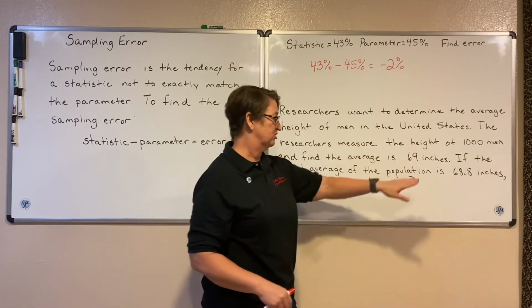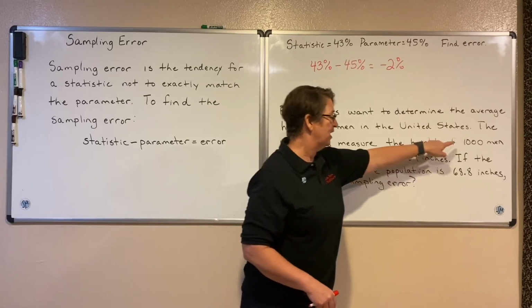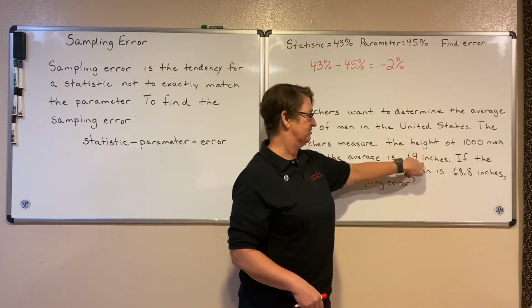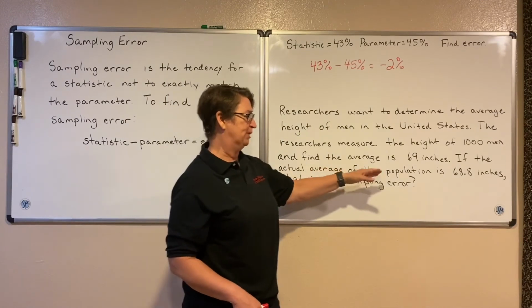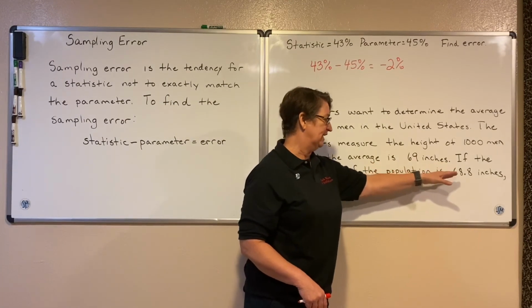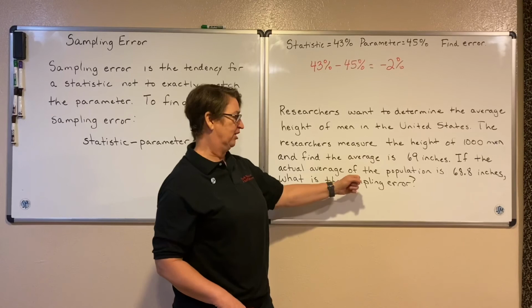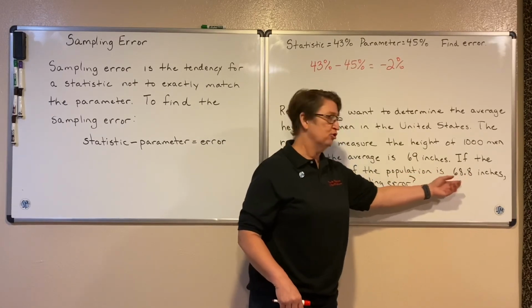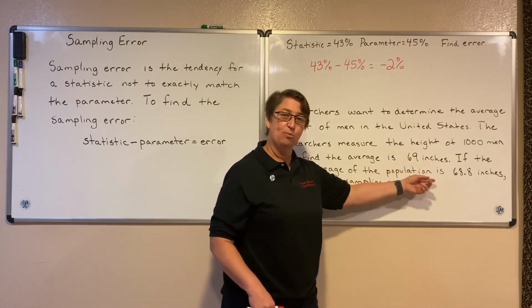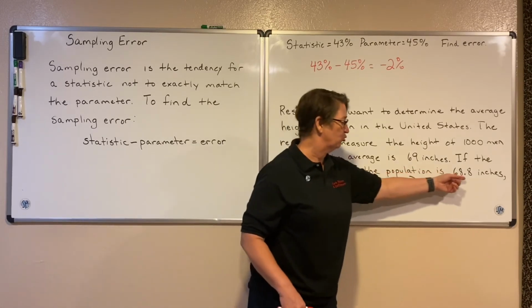One number, which, since it's from a sample, is called a statistic. If the actual average of the population is 68.8 inches, find the sampling error. This 68.8 inches is one number to represent the entire population.